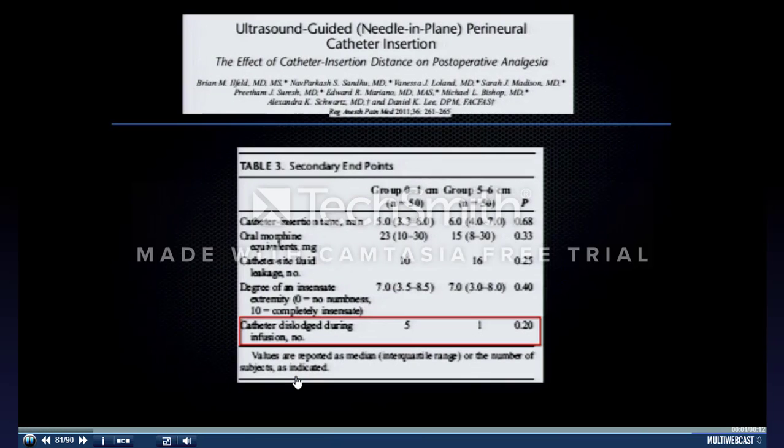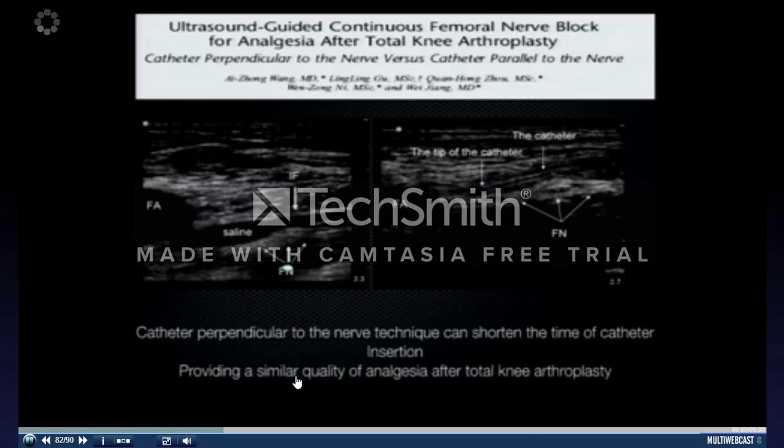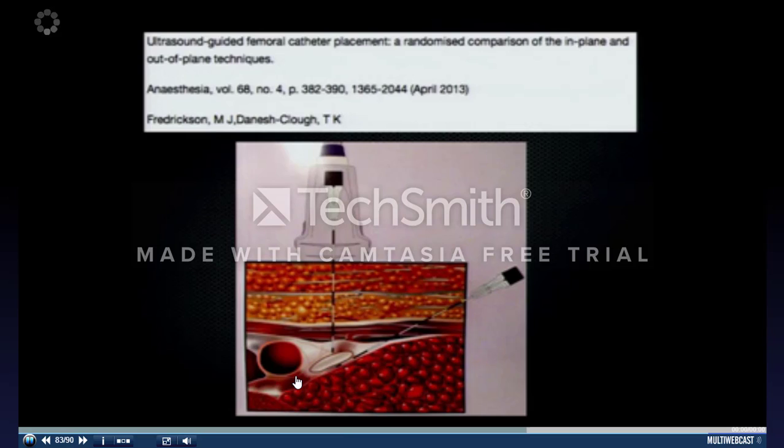And this is just a study to show that if your catheter insertion is not between 3 to 5 centimeters, the rate of being dislodged is much higher. This is a study comparing femoral nerve blocks, catheter in plane, catheter out of plane. This was done again by Fredrickson, showing that you can use either technique.